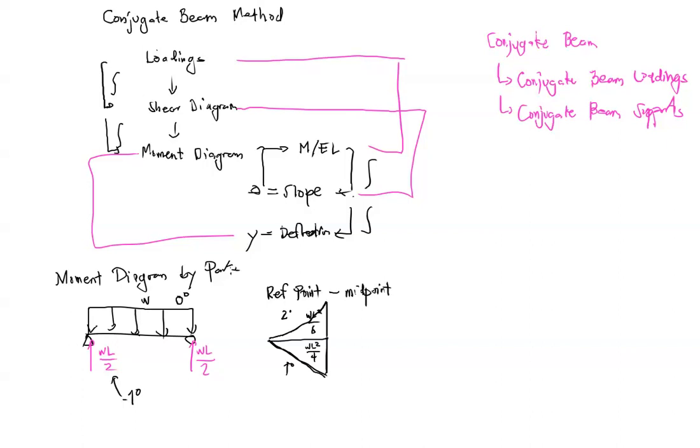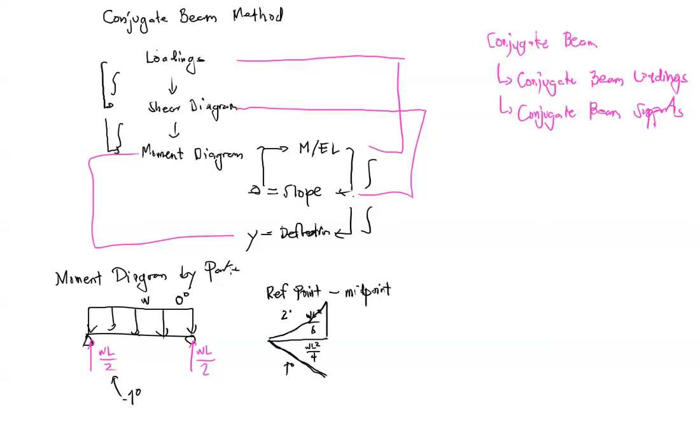And syempre, on the other side, yung distributed load mo ay baliktad na. It is causing already a clockwise na moment, kaya downwards. So meron akong, oops, kaya challenging yung midpoint.